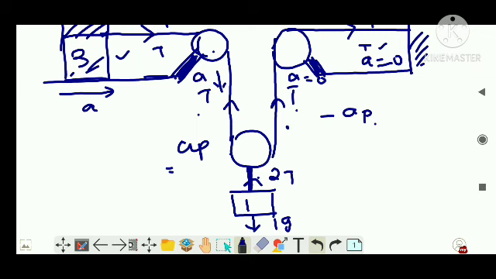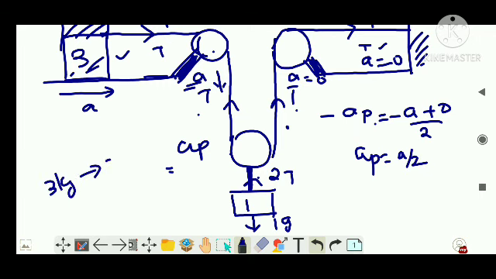Why? If these both are moving downward, then AP will be in the downward direction. So minus AP is equal to minus A plus 0, by 2, or I can write AP is equal to A by 2. Clear?